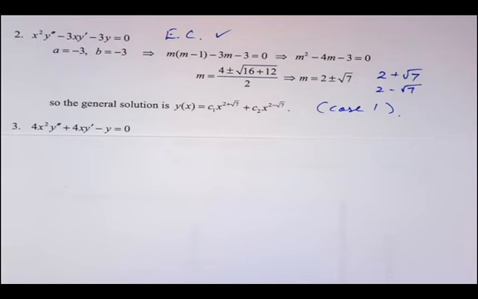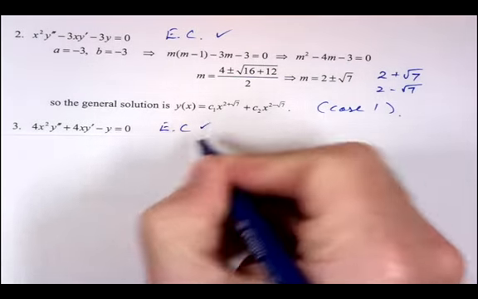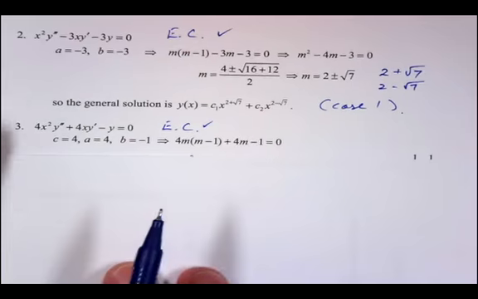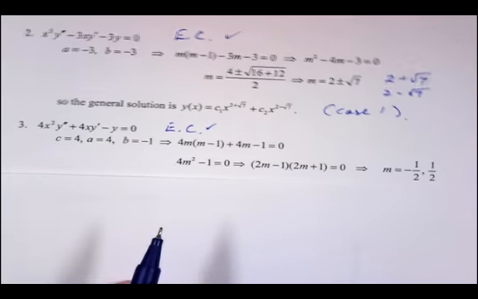Euler-Cauchy, looking at it, yes. So we write the auxiliary equation down, and expanding it out, and hopefully you've been able to see that it's a perfect square.